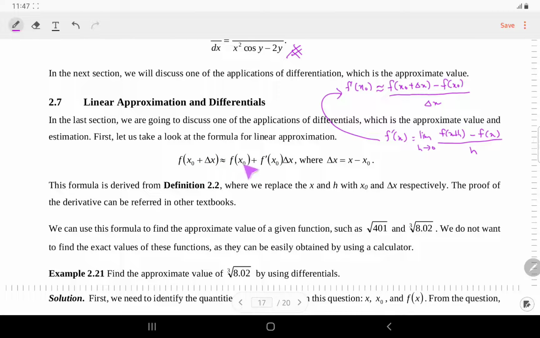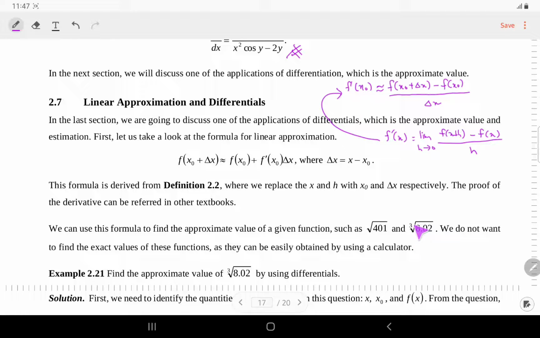So we can use this formula to find the approximate value of functions, such as if you are given square root of 4.01. The question asks you to find the approximation of this value. So we can use this formula of linear approximation to find the approximation of these values.